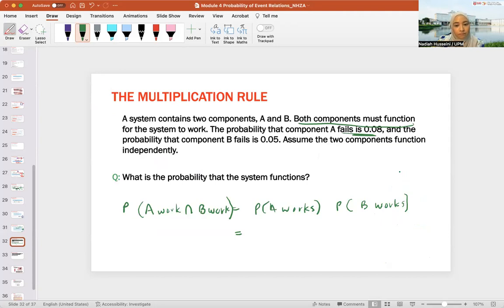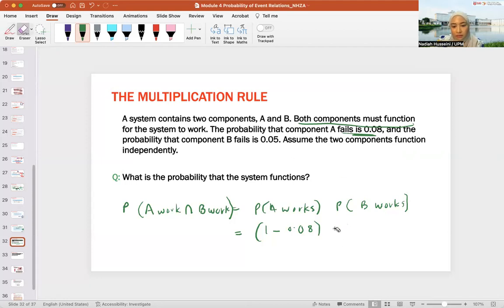1 minus 0.08. Yes, 1 minus 0.08. We find the complement of the event. You have your sample space, right? You know that this is 0.08. This is the event that it fails. What is the event that it doesn't fail? It is this entire sample space. So it's just 1 minus 0.08. And then the probability of B is the same way over here.